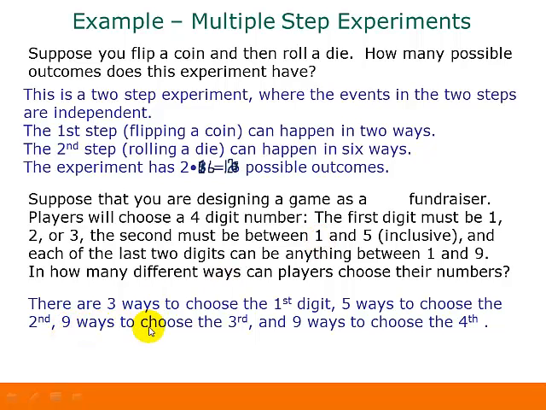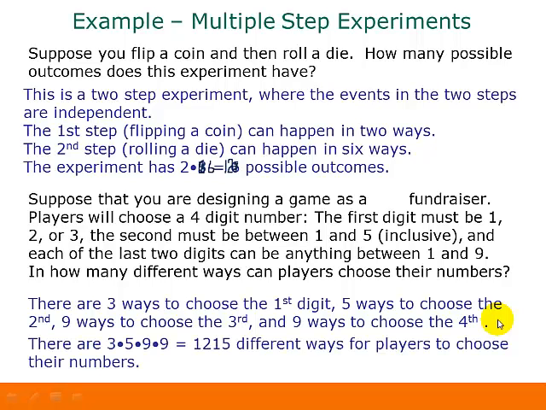And then for the third and fourth digits, those can be anything between 1 and 9, so there are 9 ways to choose each one of those. So the total number of ways that our experiment can happen is just all of those numbers multiplied together. So 3 times 5 times 9 times 9 equals 1,215 different ways for players to choose their numbers.